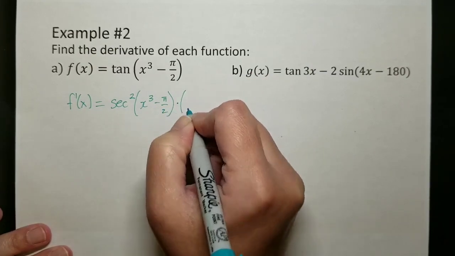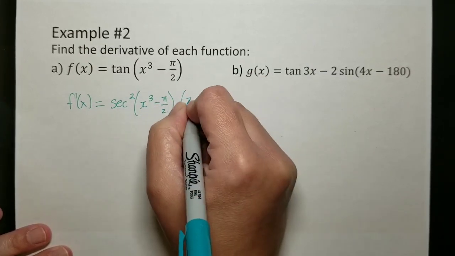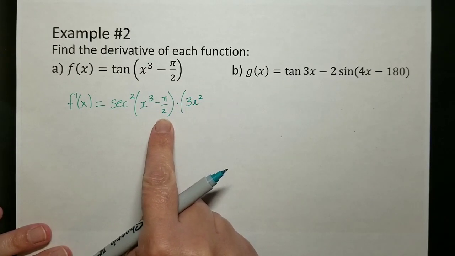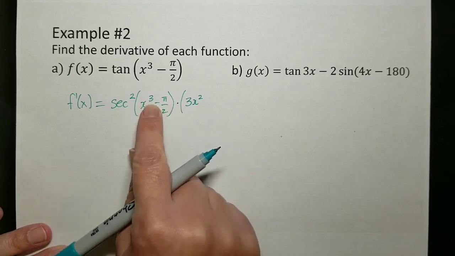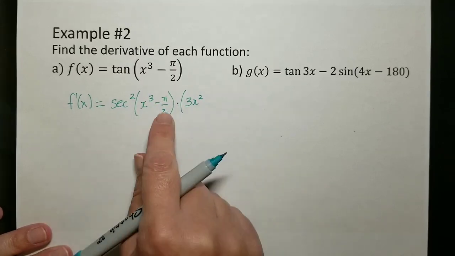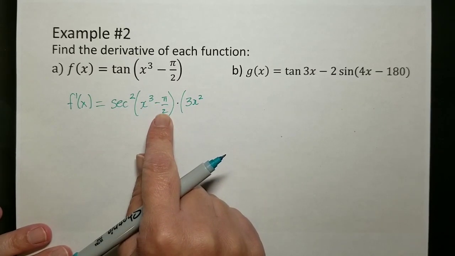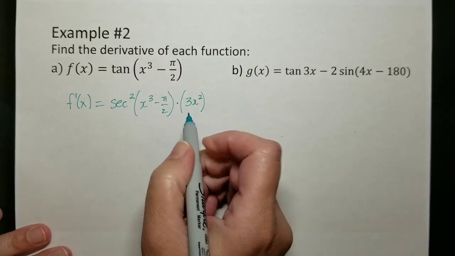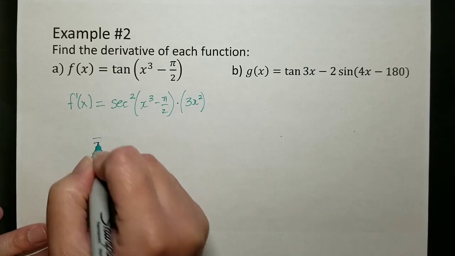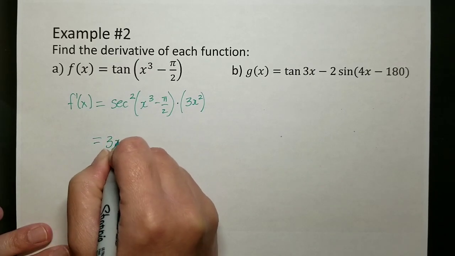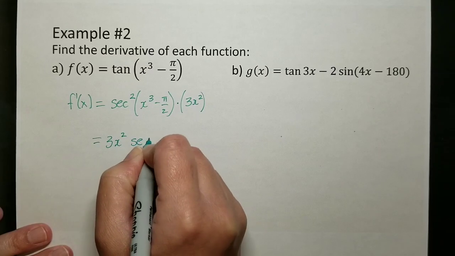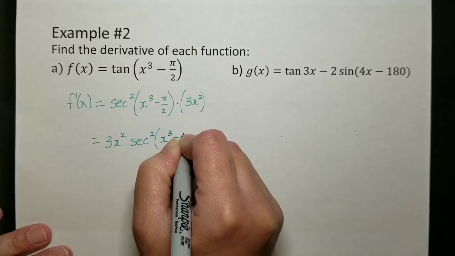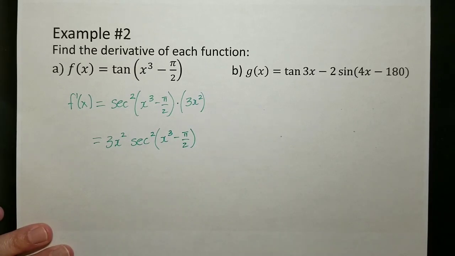The derivative of x cubed is 3x squared, and pi over 2 is just a number, not a function. It's like saying if it was minus 7, the derivative of that is 0. The derivative of pi over 2 is 0, so we don't have anything there. Then again, just to make extra sure that the 3x squared doesn't try to become part of your angle, put it out front because it's not part of that angle, and just rewrite that.